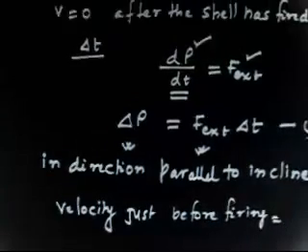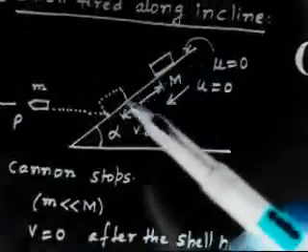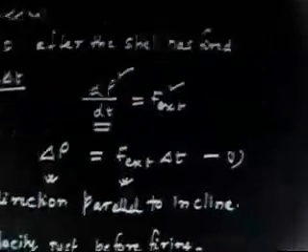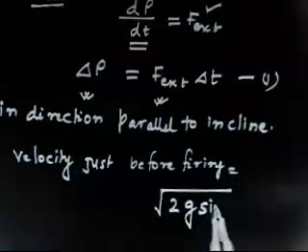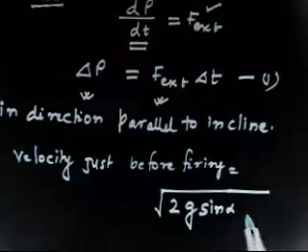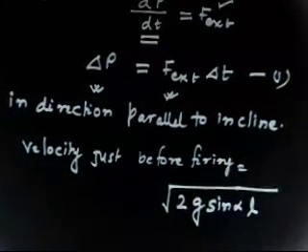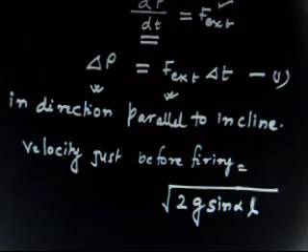Now see, the acceleration along the incline is g sin alpha, everybody knows, and the distance covered is L. So velocity will be under root 2gh, so under root 2g, where g is g sin alpha and h is the distance covered, that is L. So this is the velocity just before the firing, and the velocity just after the firing is 0. Are you getting?